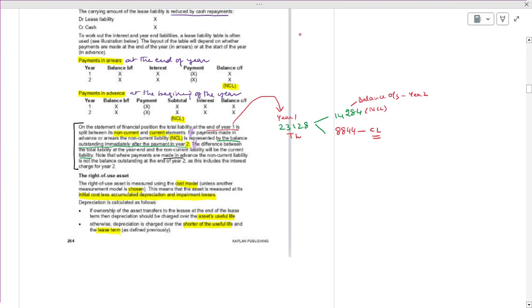The second one is that payments in advance are represented by the balance outstanding after the payment in year 2. How much is the balance outstanding? 14,284. This is the non-current liability. The difference between the total liability and the non-current liability will be identified as the current liability.